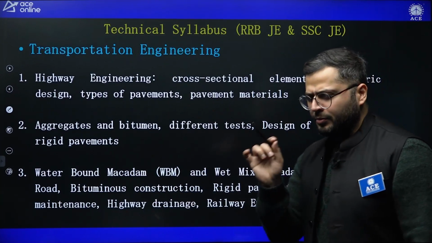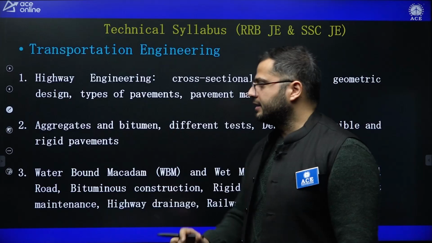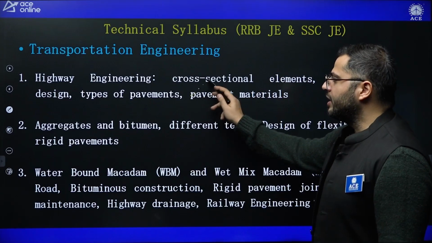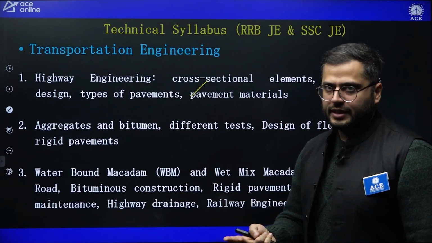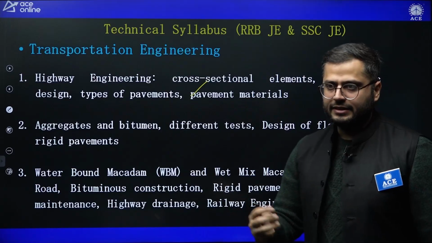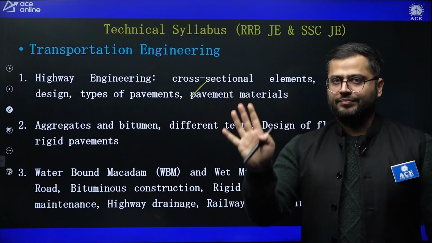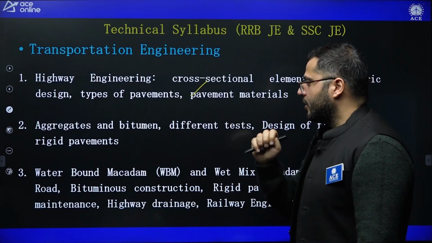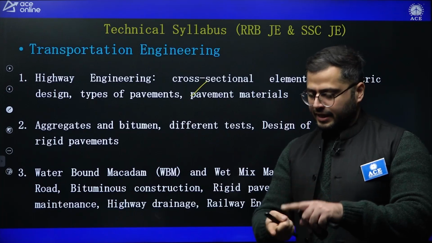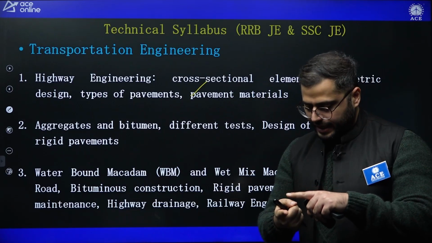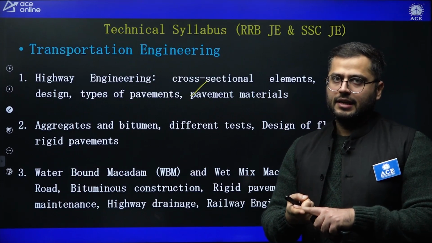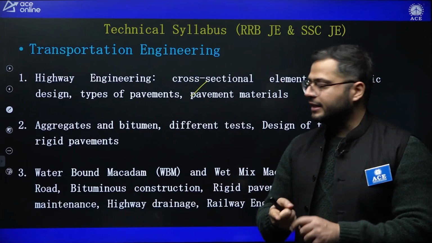Transportation engineering, some portion in RRB JE is extra. I'll let you know what it is. But highway engineering, railway engineering, pavement design, traffic engineering, it is the same, right? All the syllabus is the same for highway engineering, railway engineering, and traffic engineering. It is the same for RRB JE and SSC JE.